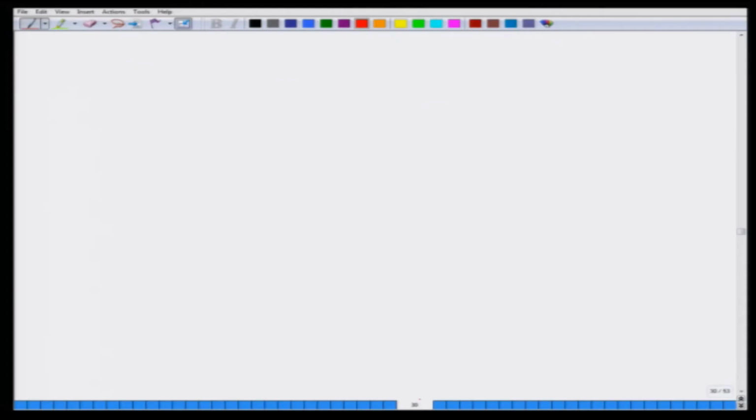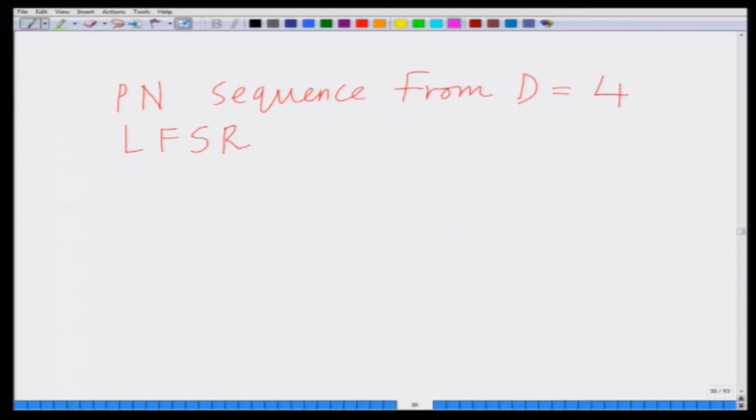The PN sequence that is generated by this LFSR, we had also derived that in the last lecture. The PN sequence from the D equal to 4 linear feedback shift register is given as 1 1 1 1 0 0 0 1 0 0 1 1 0 1 0.